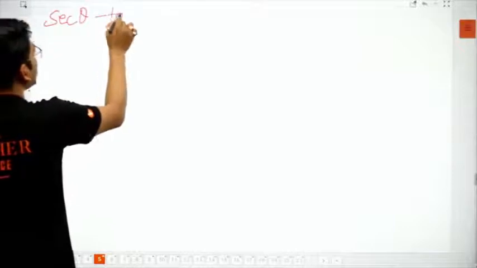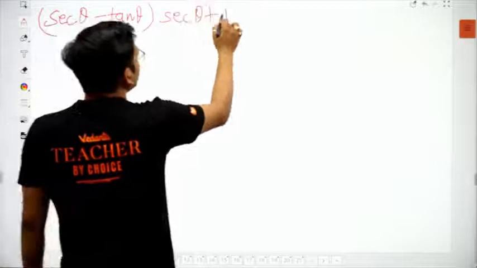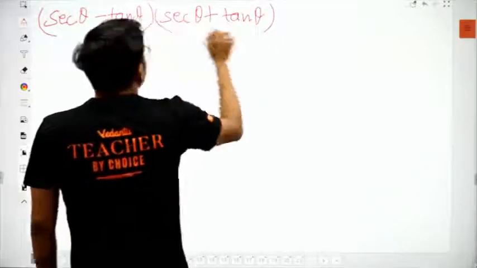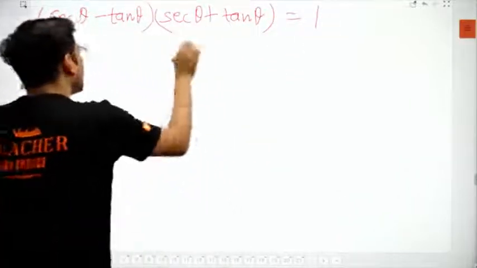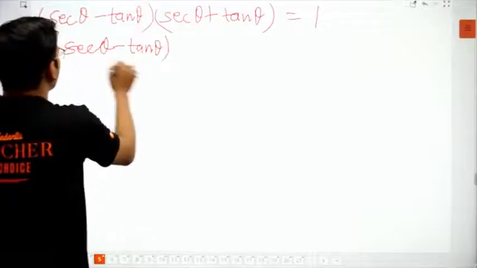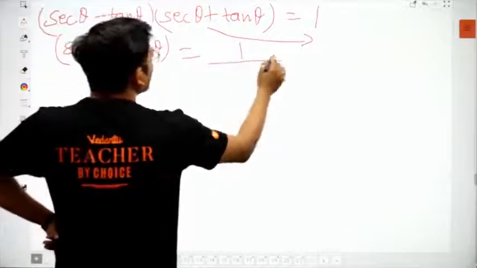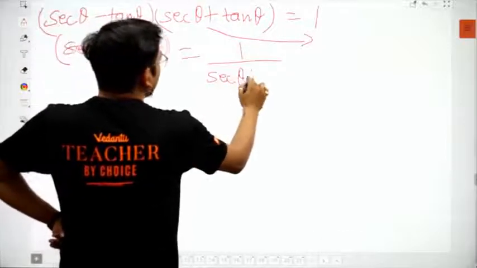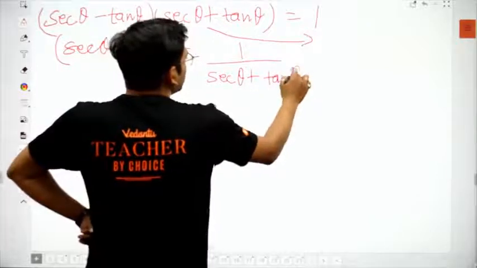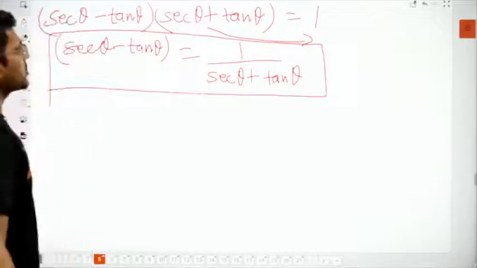See, I have written sec theta minus tan theta into sec theta plus tan theta is equal to 1. अब इस sec theta minus tan theta को यही रखो और इसको इधर भेजो. Put it in denominator will be equal to 1 upon sec theta plus tan theta. See, they are reciprocal of each other, isn't it?